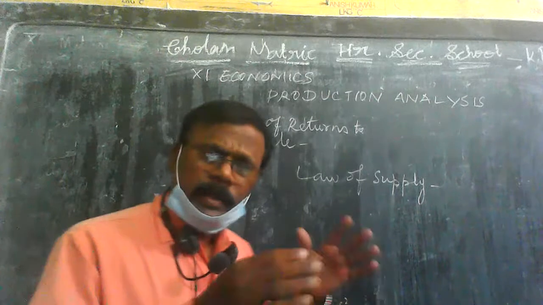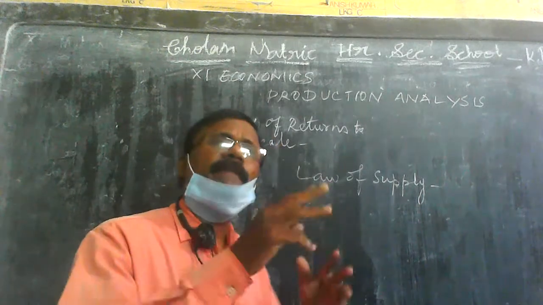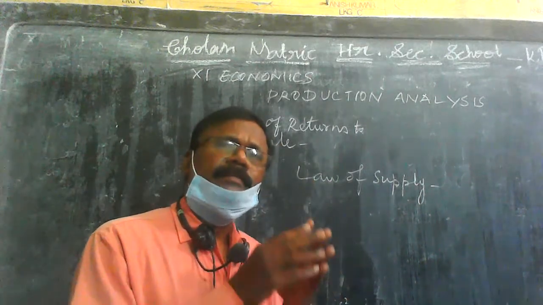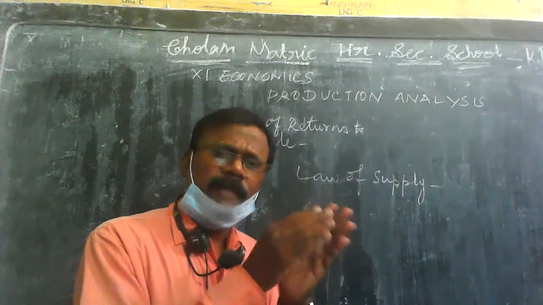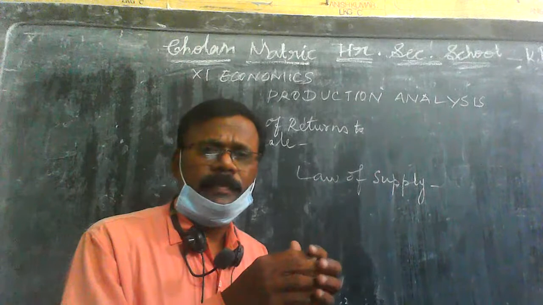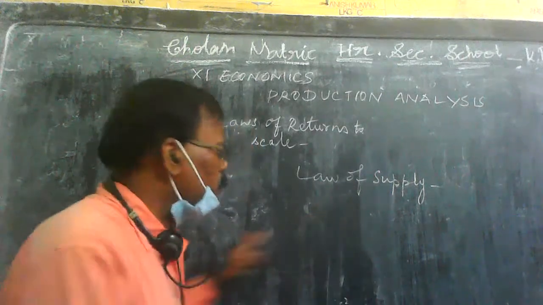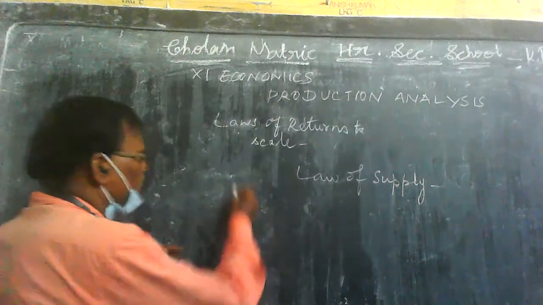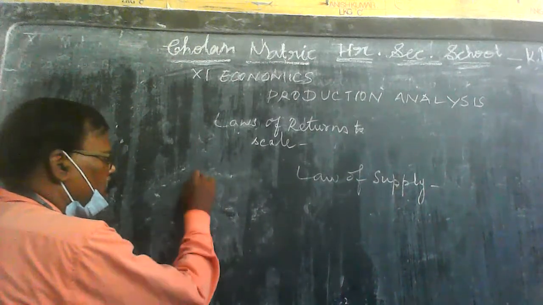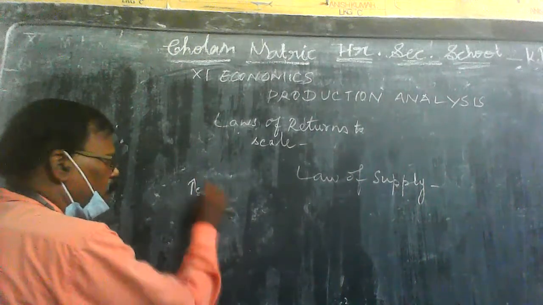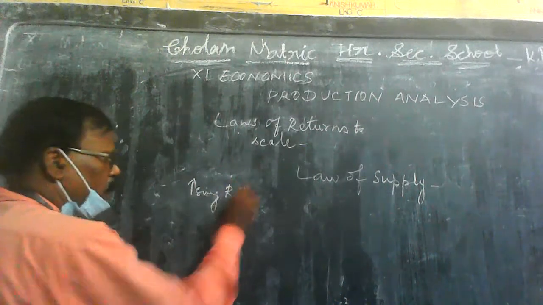Now, according to this law, there are three phases of returns to scale. So, three phases of production. One is increasing returns to scale.